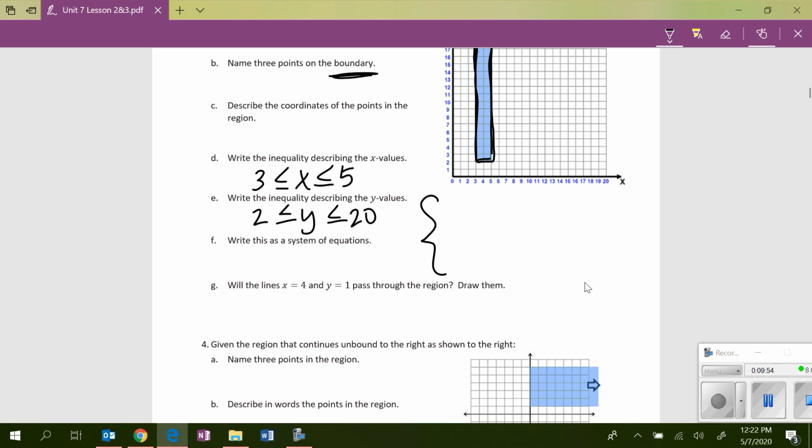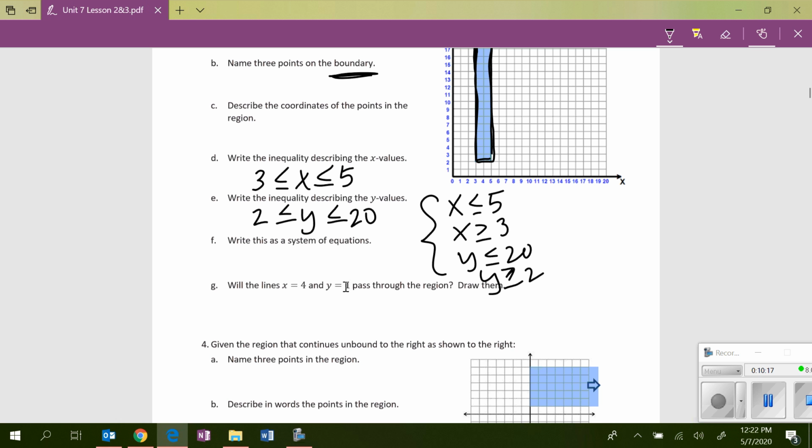So I'm going to have to say that x is less than or equal to 5, and x is greater than or equal to 3, and y is less than or equal to 20, and y is greater than or equal to 2. So you have 4 lines there, 4 inequalities.